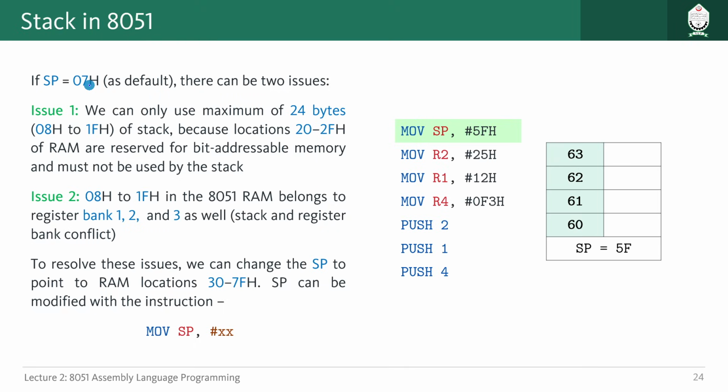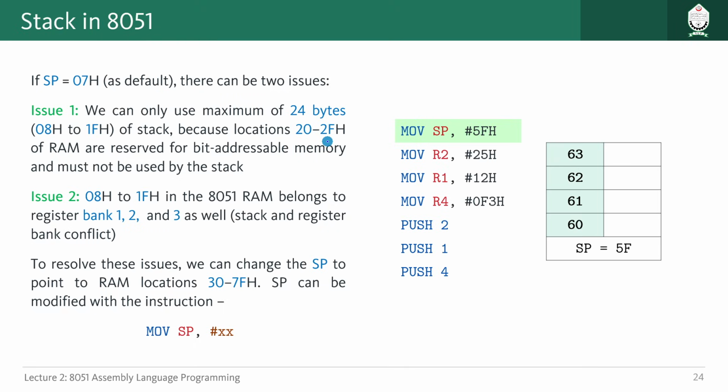one issue, because you know, locations 20 to 2FH, these 16 bytes of RAM are specifically reserved for bit addressable memory. That means you cannot use that region for the stack.